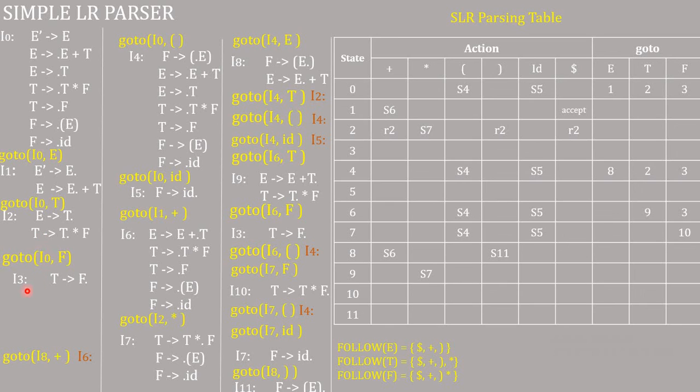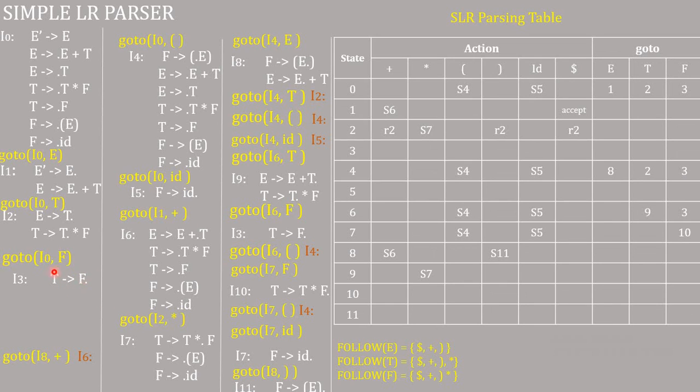What about I3, that is state 3? Yes, we have dot at the end. So in state 3, we have to apply the reduce operation. In which columns do you have to add the reduce operation? We have to compute follow of T. What is follow of T? Dollar, plus, open bracket, star. So in these 4 columns, we have to add the reduce operation, right?